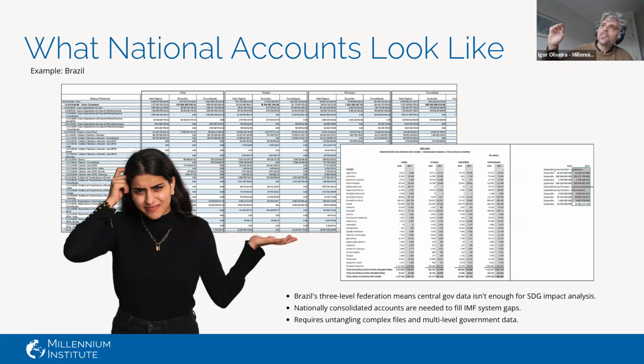And then for each year, you have also the previous 2 years, but they don't match, because there are methodological reviews, and there are corrections that are made. So if you look at the 2007 spreadsheet, it also has 2006 and 2005.